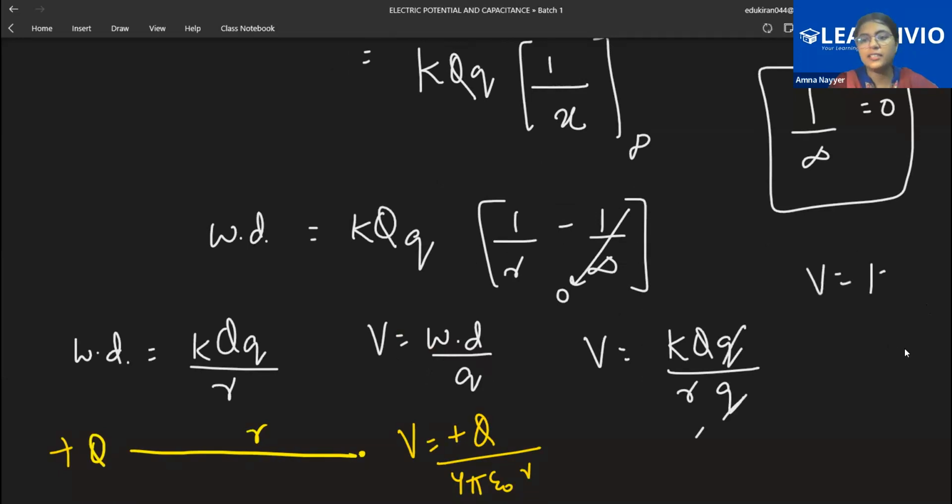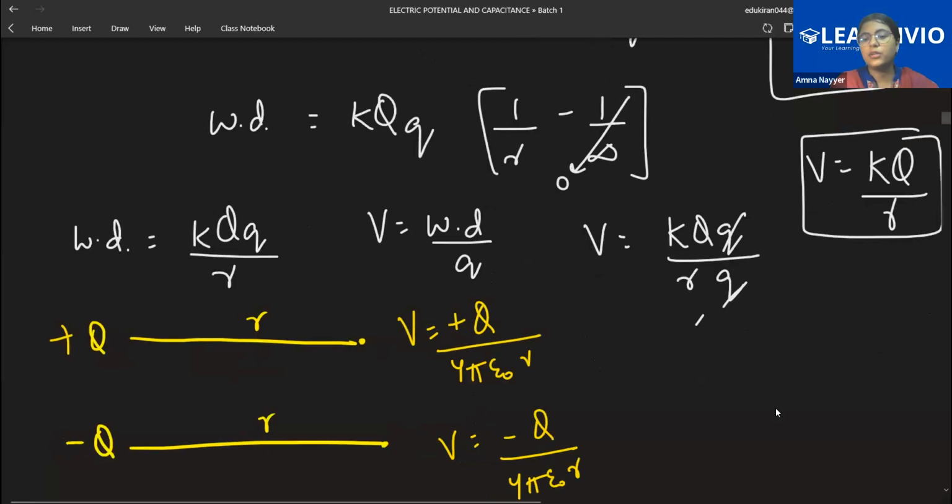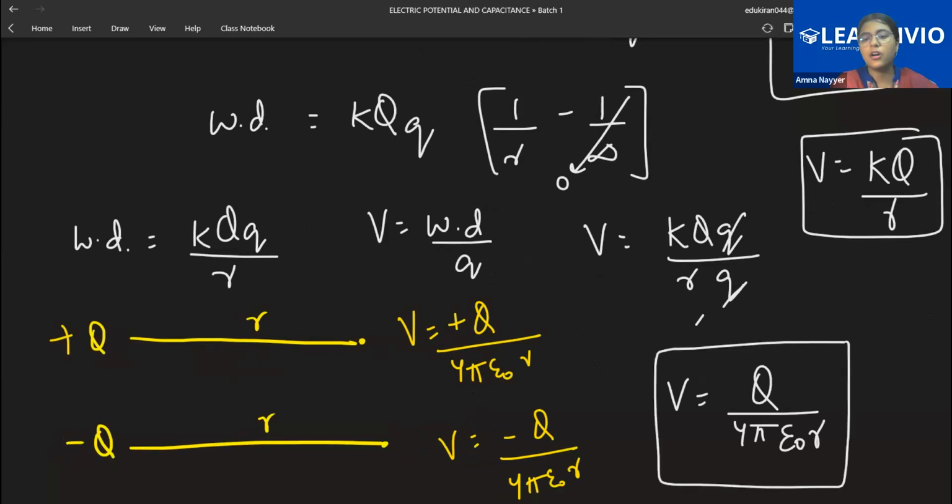V is equal to KQ by R. This is our formula, which we can further write as V is equal to Q by 4 pi epsilon naught R. This is how we can write the formula. Understood?